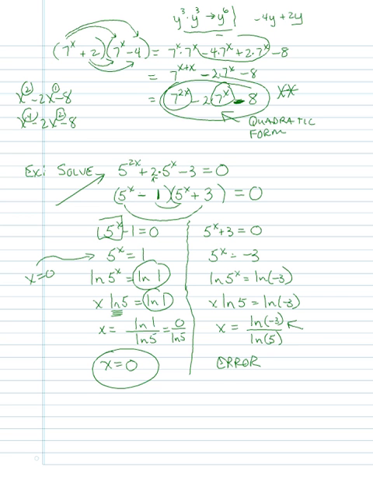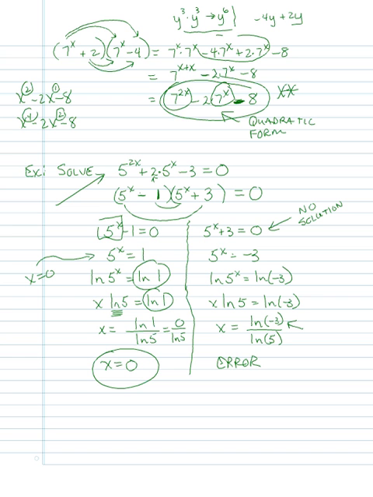So that means that there is no solution to the equation 5 to the x power plus 3 equals 0. There's no x that will make that true. And we could have imagined that because 5 to any power is going to be a positive number.